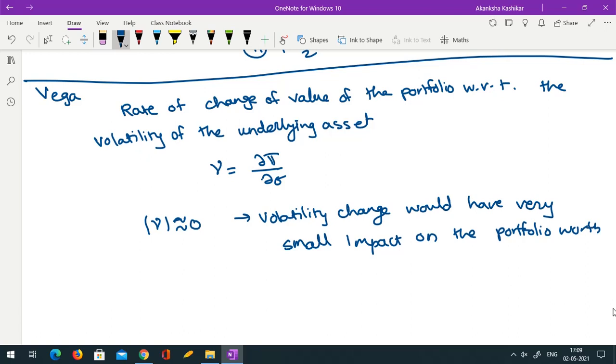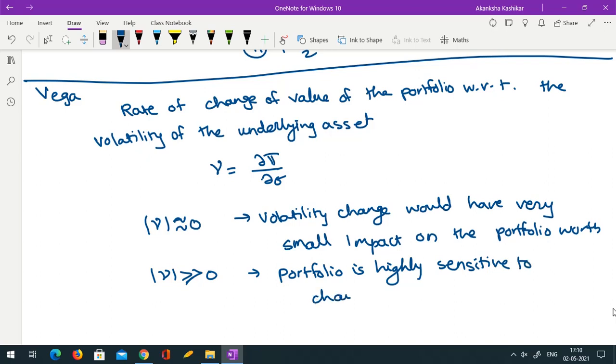Of course, if this is large, then the portfolio is highly sensitive to changes in the volatility.